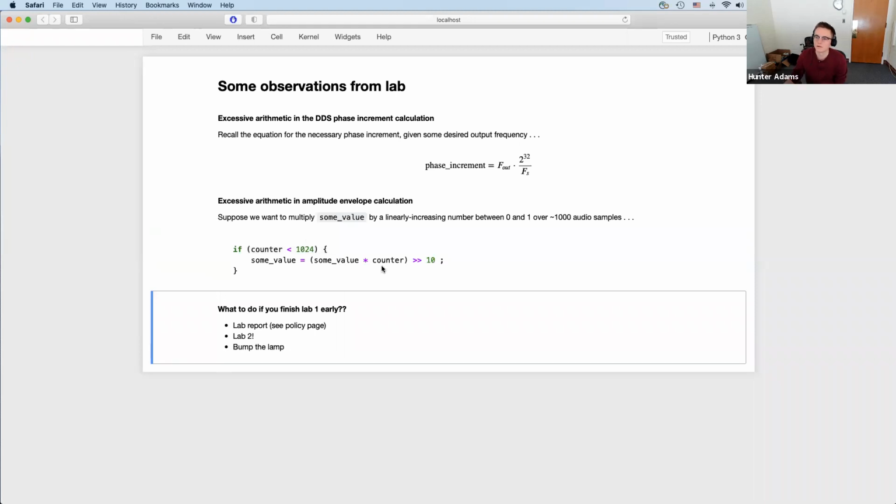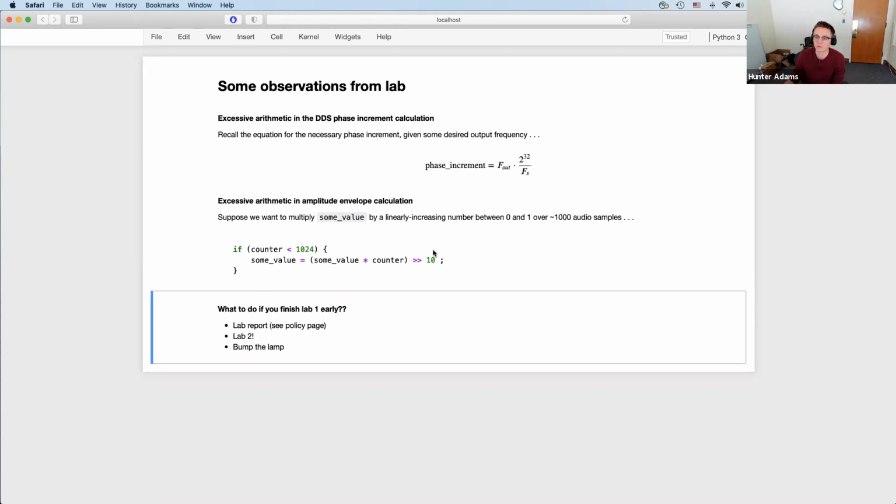So this counter is going to assume some value. As you count that up, it's going to go from 0 to 1023, right? So you're multiplying the value that you're trying to scale by some number between 0 and 1023. A shift by 10 is the same as a divide by 2 to the 10, which is a divide by 1024.